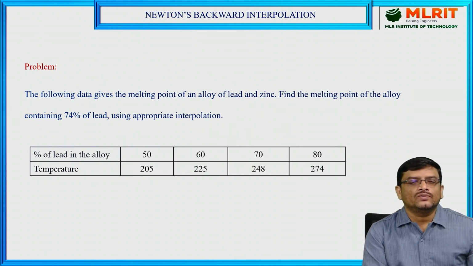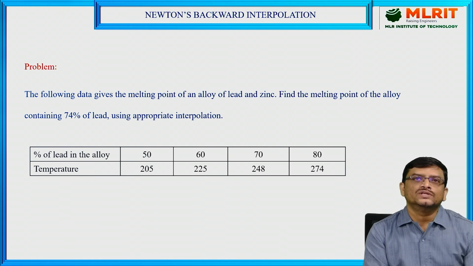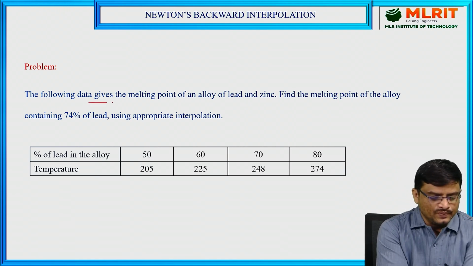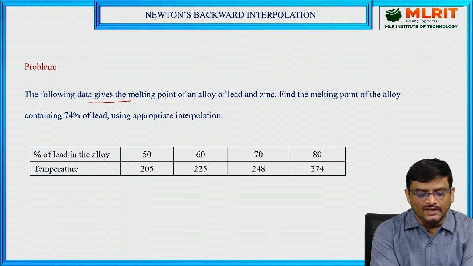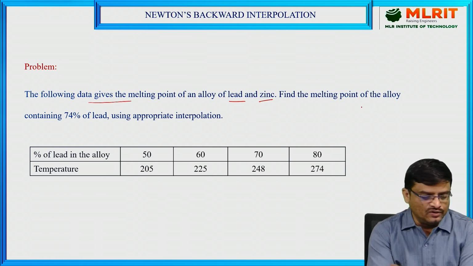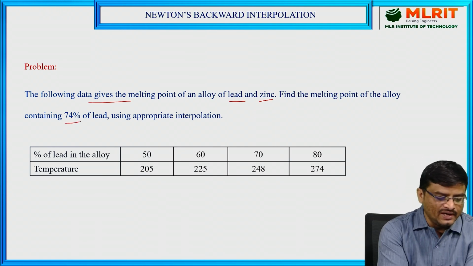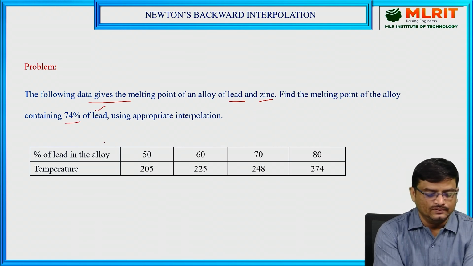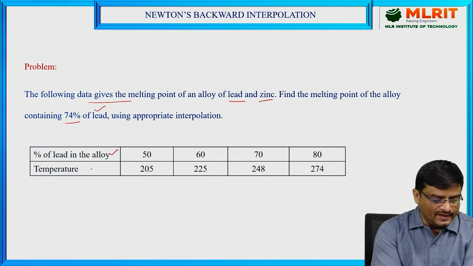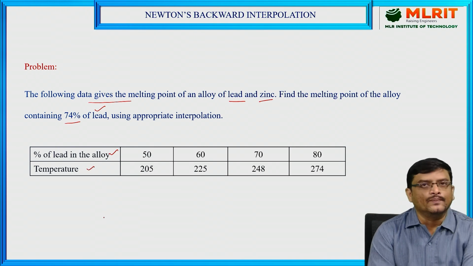Now let us take one example of how we can use this Newton's backward interpolation formula. So this is the data. The following data gives the melting point of an alloy which contains lead and zinc, and we must find the melting point of an alloy containing 74% of lead. In the table he has given the percentage of lead in that alloy and the temperature.